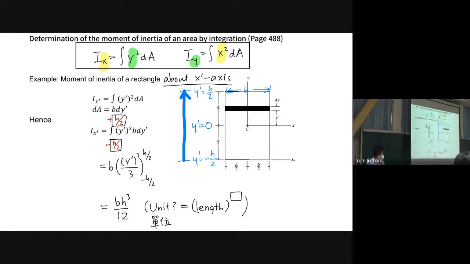This one is the unit of length, and this one is the power of 3, so the length three times, and then a fourth time here. So the unit of Ix is length to the power of 4.